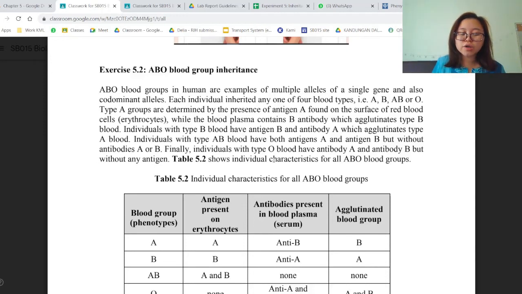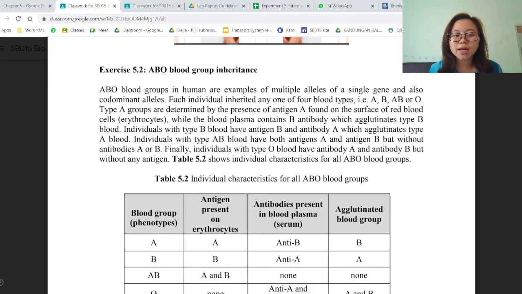Okay. So if we are doing this in the lab, you will be able to test your own blood type. Kita akan ada anti-A dengan anti-B serum. Dan satu lagi keyword yang kamu akan belajar adalah agglutinate.